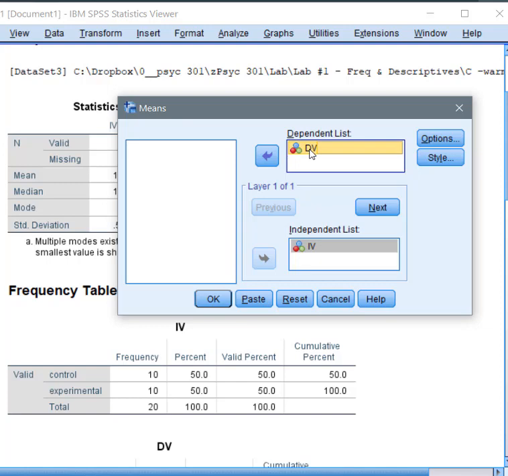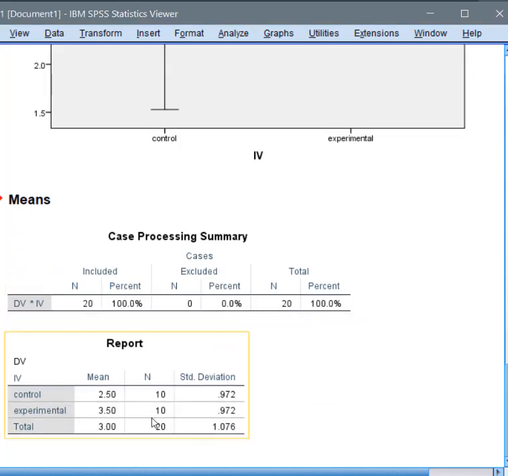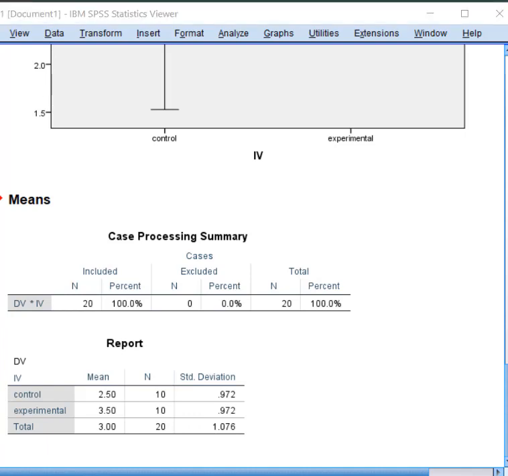Dependent variable in the dependent box, and I hit OK. And then I get my little table where I can see that the people in the control group didn't give as high of a rating for warmth, the dependent variable, as those in the experimental group. So I can summarize that little table.